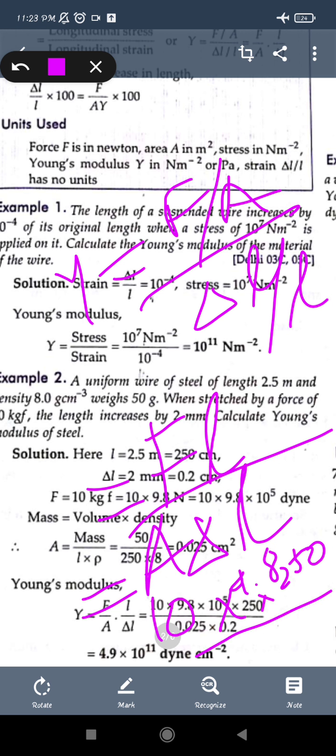And similarly the area was given, we have now taken it out, 0.025, and the change in the length was given as 0.2, because 2 mm is 0.2 centimeter.